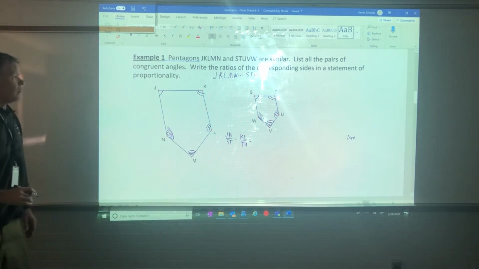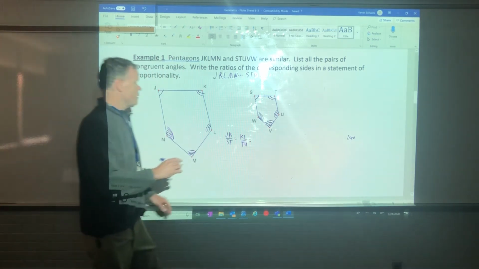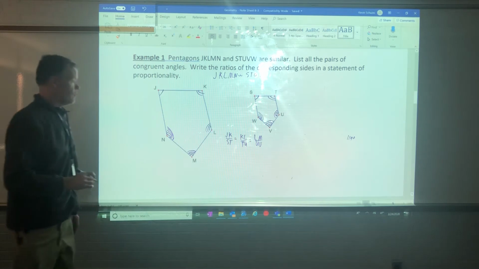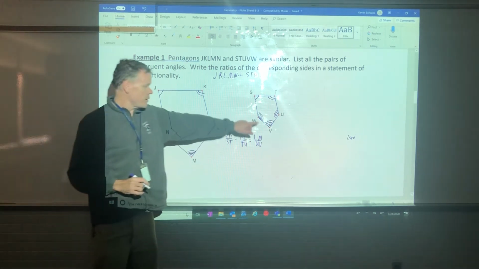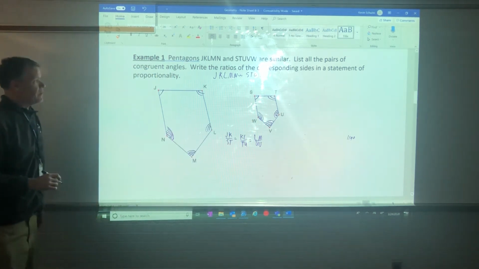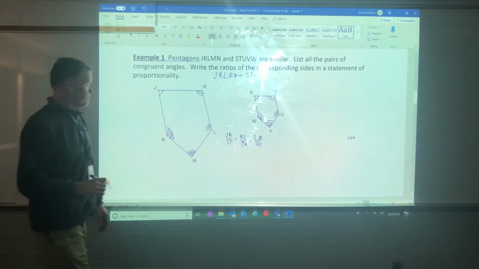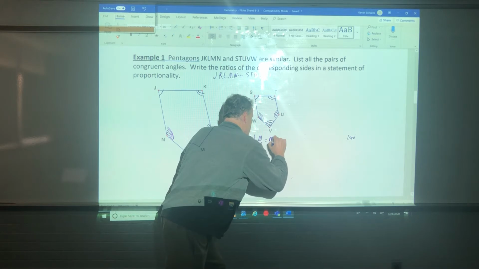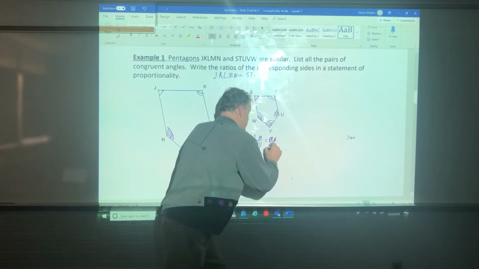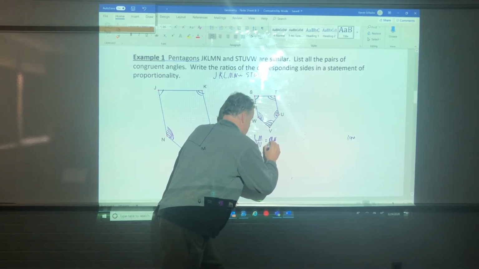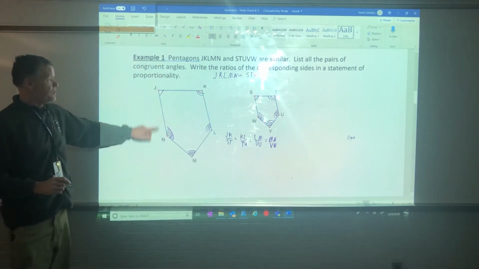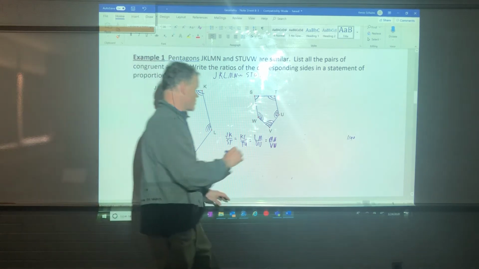Then we're going to have LM over UV. Okay, we've got LM over UV right here to here. Then you're going to have MN over VW. And then finally you're going to have NJ over WS.